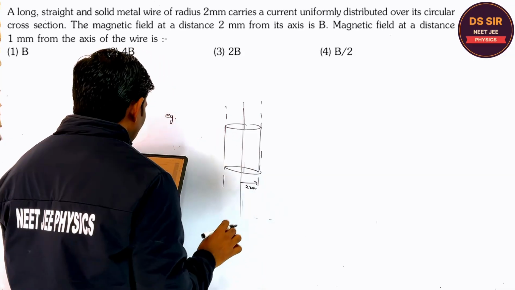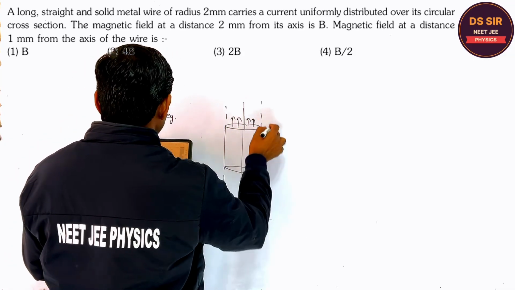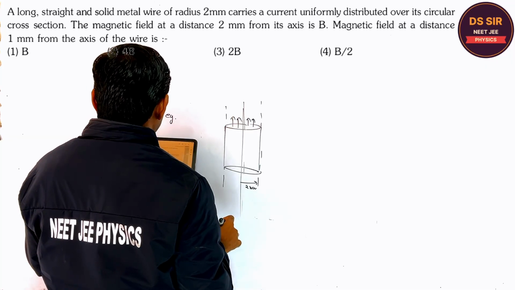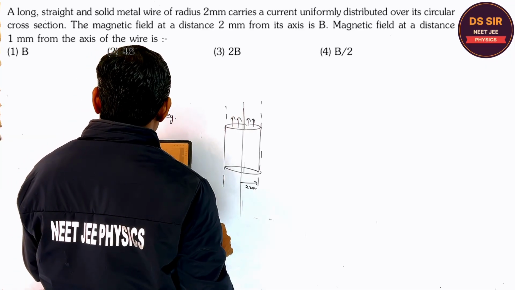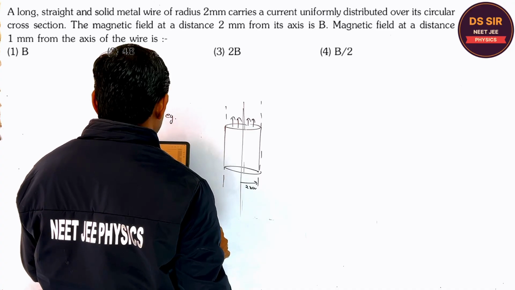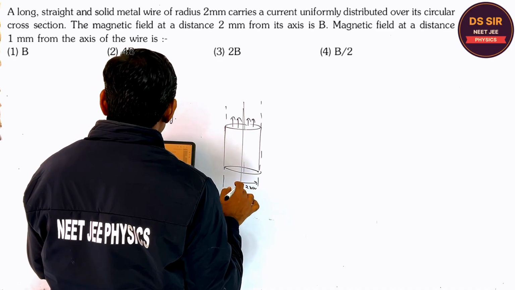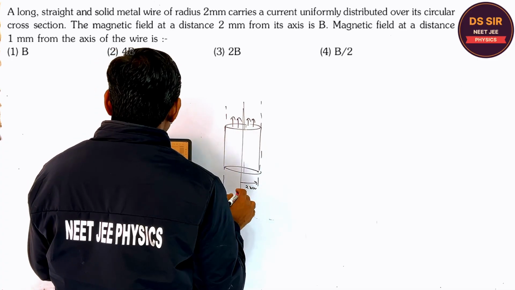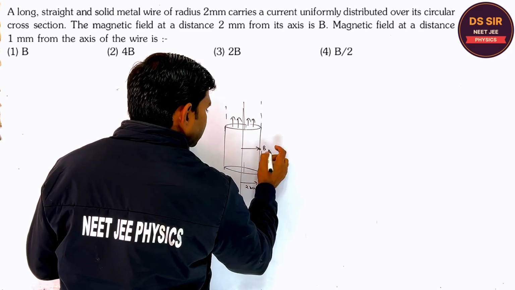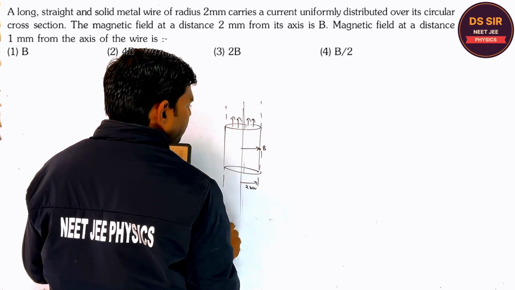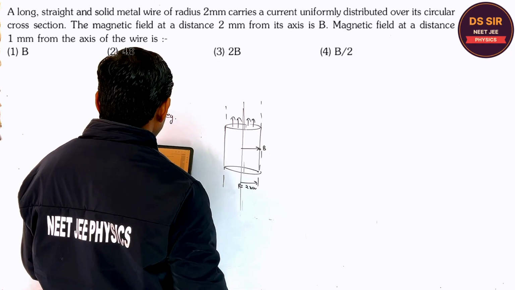The current is distributed uniformly over the cross section perpendicular to the axis of the wire, uniform over its circular cross section. The magnetic field at distance 2 millimeter is given as B. It means on the surface, you assume it to be R. Are you getting or not?